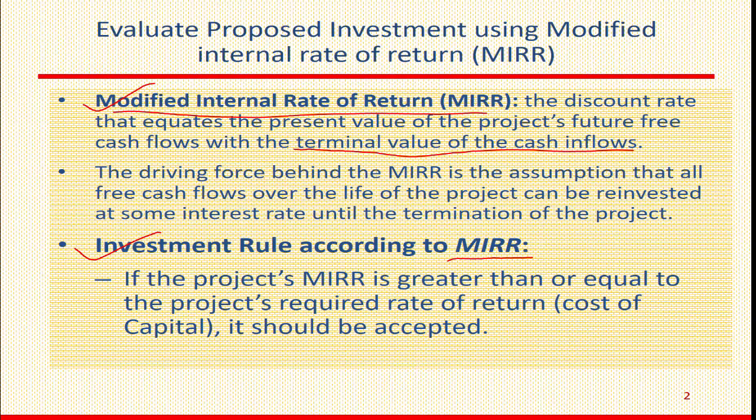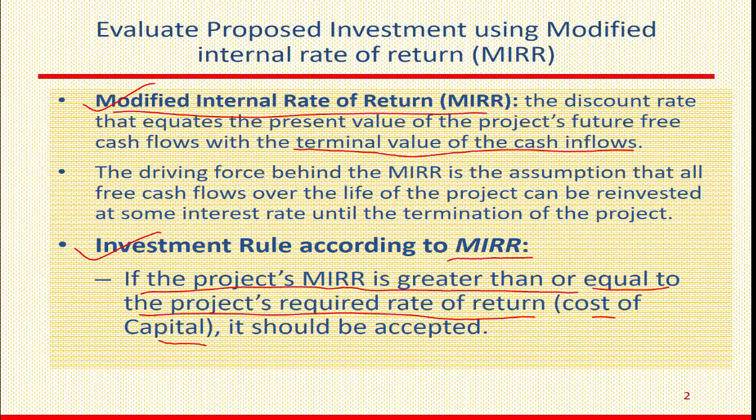The simple rule is, if the project MIRR is greater than or equal to the project required cost of capital, it should be accepted. Meaning, if the MIRR is greater than the cost of capital, then you should accept the project.